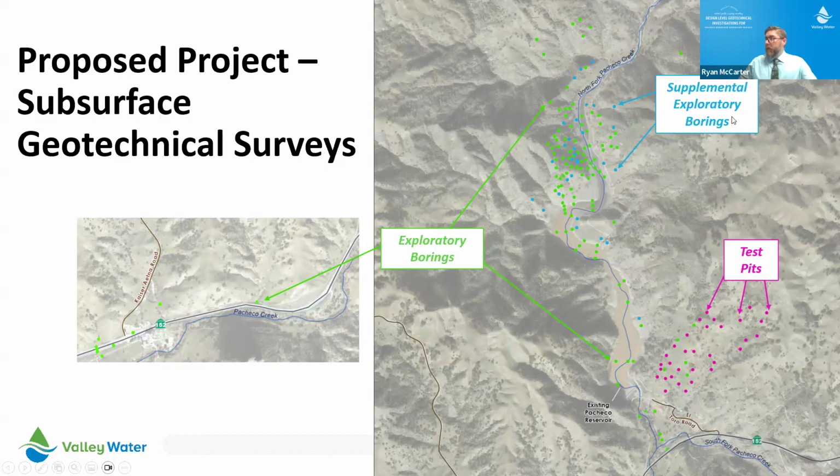The supplemental exploratory borings are shown in this blue color, mixed in with the green. The green would be done first, and then we would assess how many of the blue ones need to be done. And then down here, you see the area where most of the test pits will be, in this magenta color along this hillside, which was the proposed core zone borrow area.